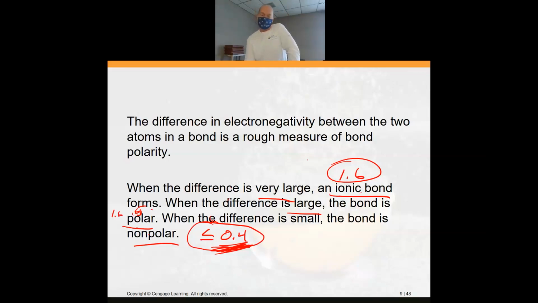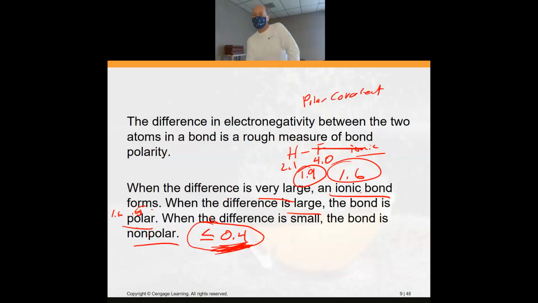Ionic: hydrogen sometimes, again, thinks it's a metal. So if we did the HF, with 4.0 and 2.1, note the difference here is a 1.9. And that's why I don't put this one up here. So this one would be ionic, although since it's a nonmetal and a nonmetal, I would call this one a polar covalent.